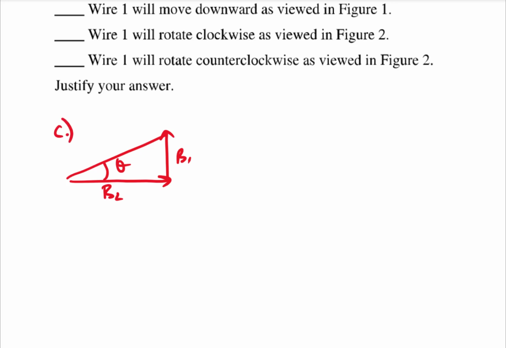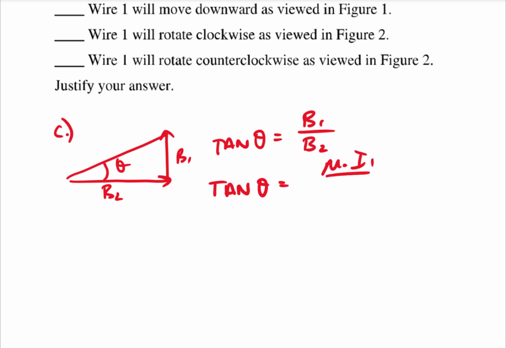So here, this is for part C. The tangent of that angle is equal to opposite magnetic field 1 over magnetic field 2. So the tangent of that angle is mu 0 I1 over 2 pi d divided by mu 0 times 2 I1 over 2 pi d.